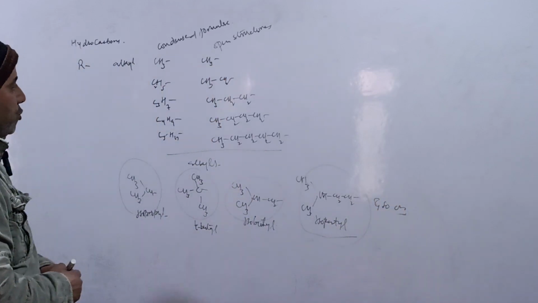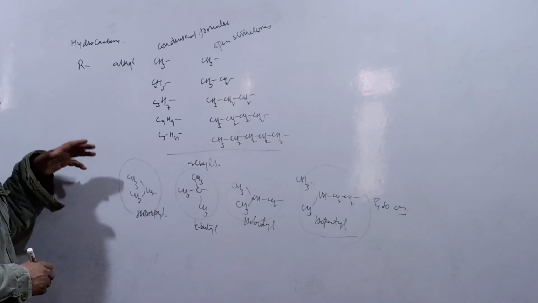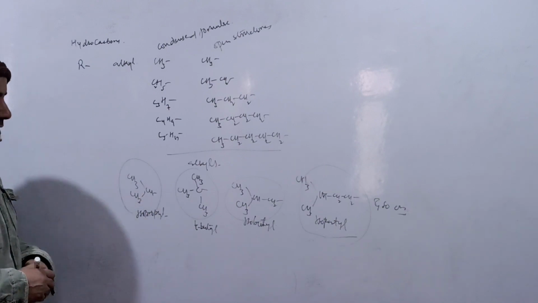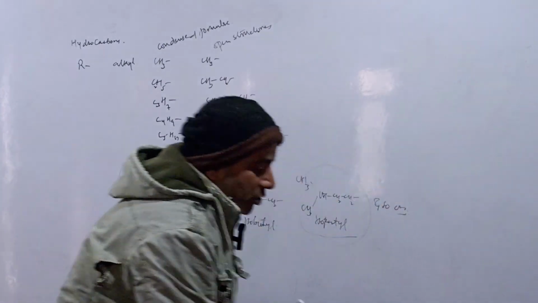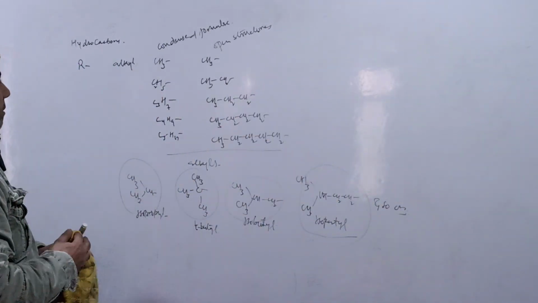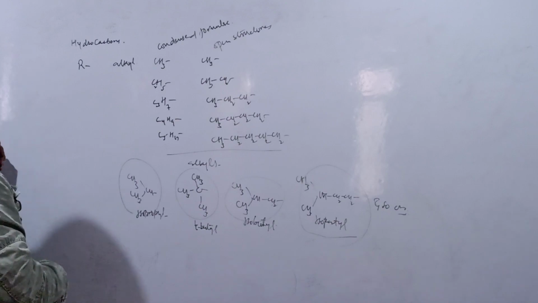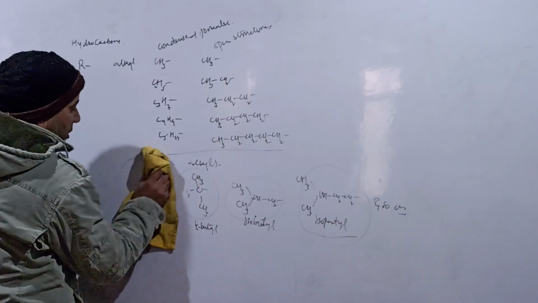In general, you should now understand what we mean by these representations, these alkyls, and then we will proceed to the general representations for different functional groups of organic chemistry. We will proceed like this.